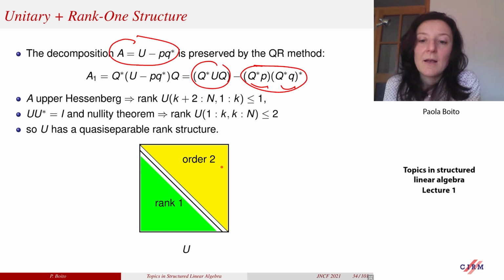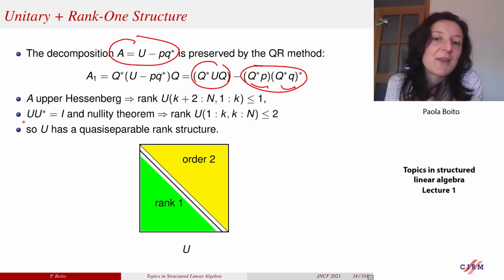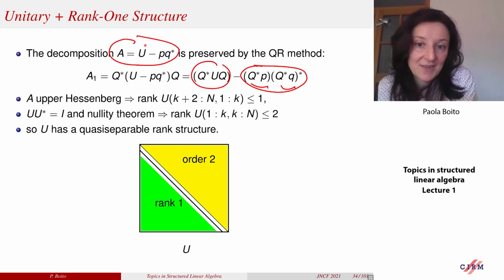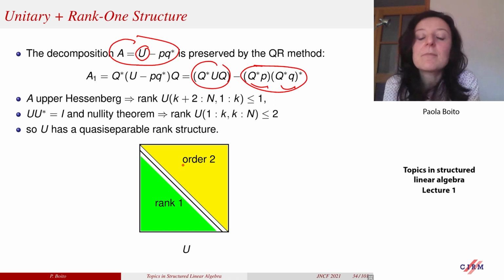Moreover, we can easily see from the upper Hessenberg structure of A, the unitarity of U, and the nullity theorem, so everything we said before for the structure of our upper Hessenberg unitary matrix, this is upper Hessenberg, plus a rank 1 correction.